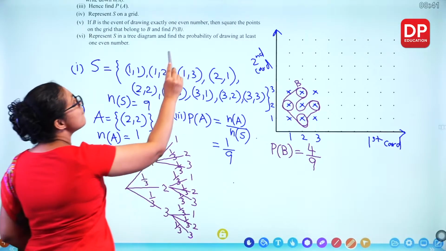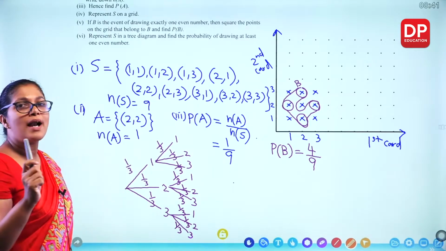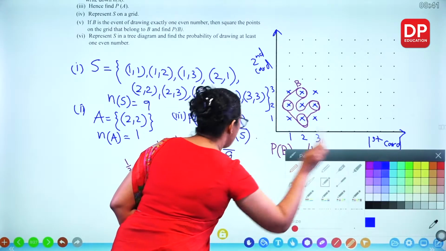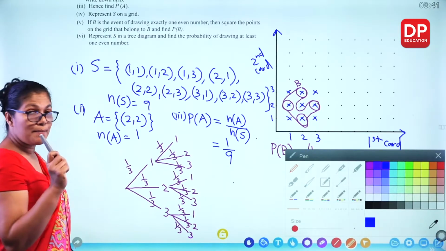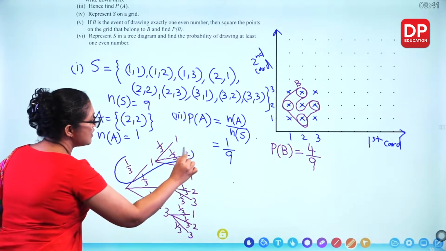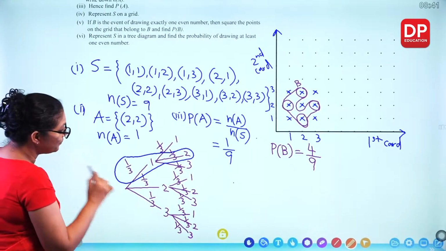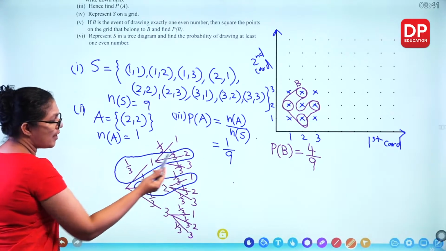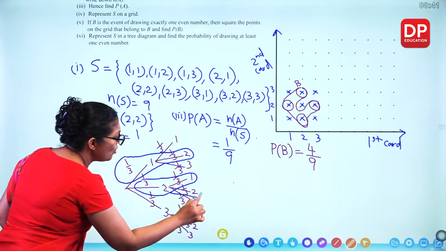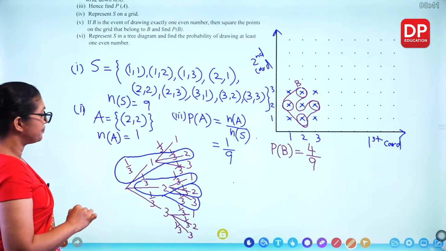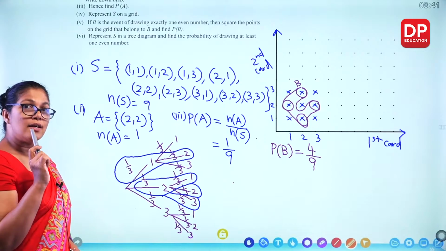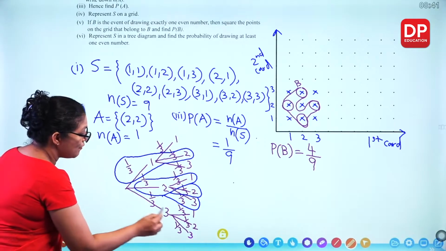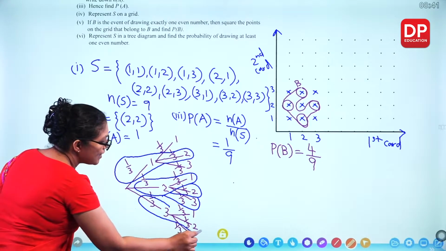Now we'll answer the question. Find the probability of drawing at least one even number. At least one means you can get this branch, or this one with this one: 2,1, or 2,2, or 2,3. At least you can get either one even number or both even numbers. Then the next one, 3 with 2.